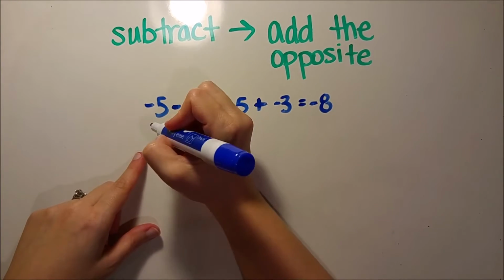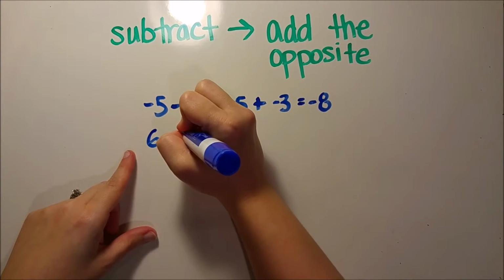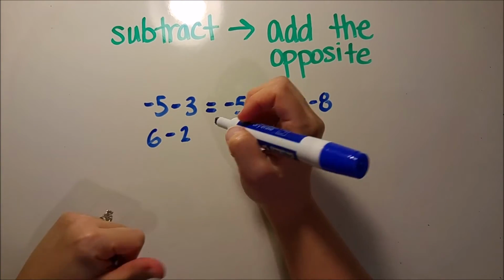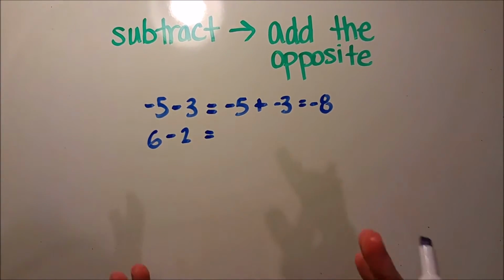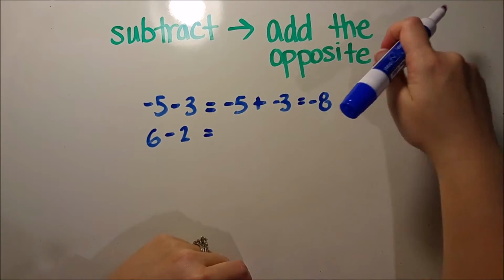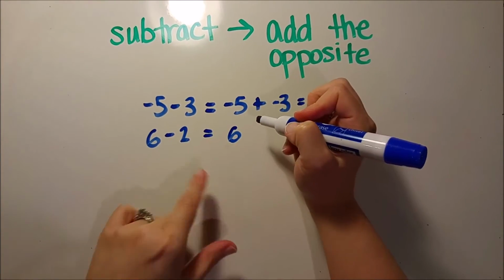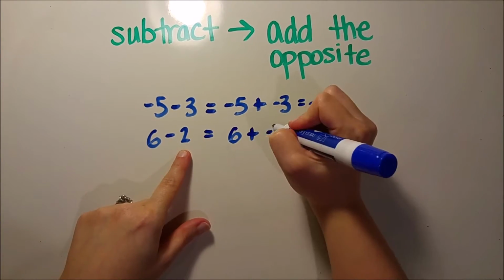Okay, how about 6 minus 2? Again, just like the one we had earlier, that looks like a super duper easy problem, but let's think of it the other way. Add the opposite. So 6, instead of minus, we'll do plus, and the opposite of 2 is a negative 2.